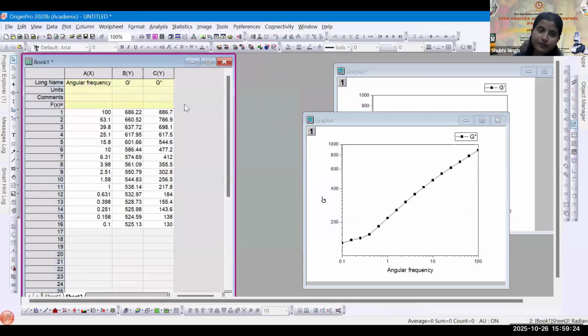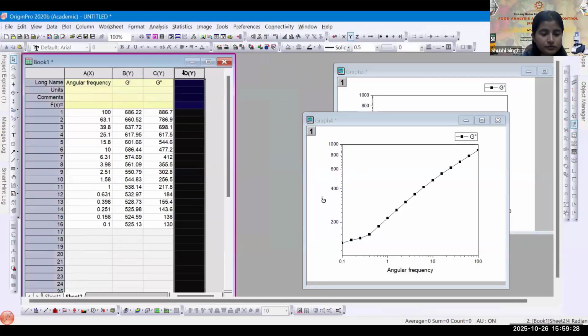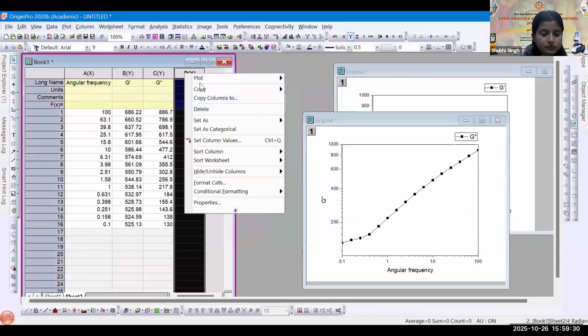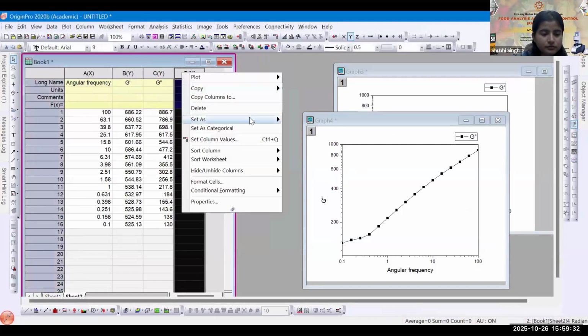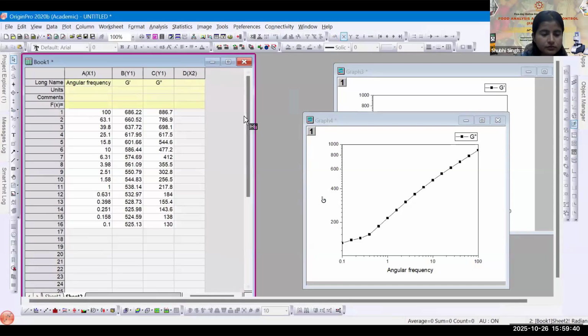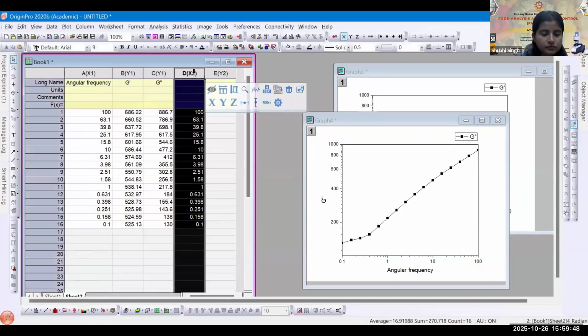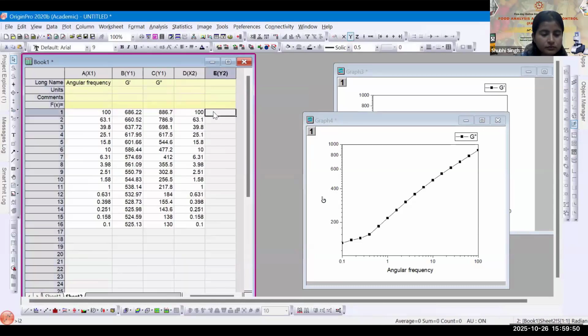So let's say I'm adding one more column. You can right click on that and set as x-axis. So now this is x1. Now this column is x2. If I add one more column, now it will be y2. I will copy this x1 because for both of these cases, storage modulus and loss modulus, it is the same.